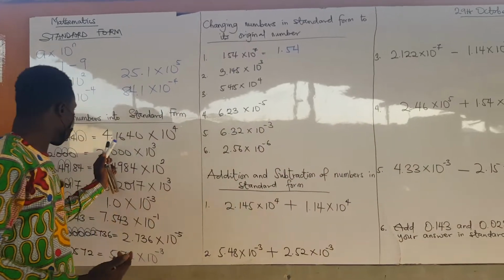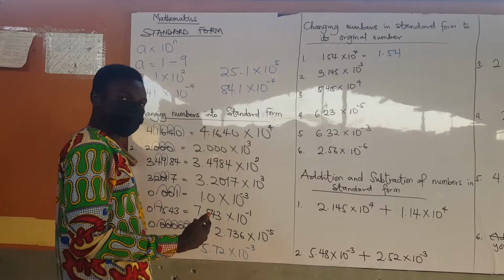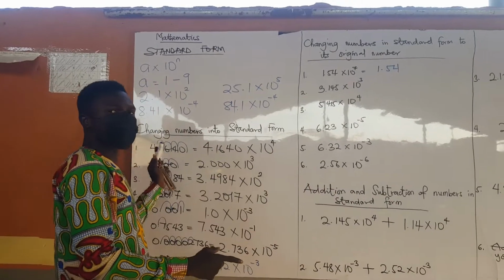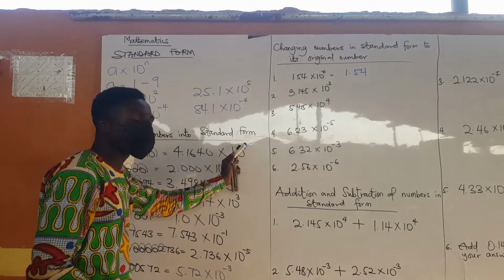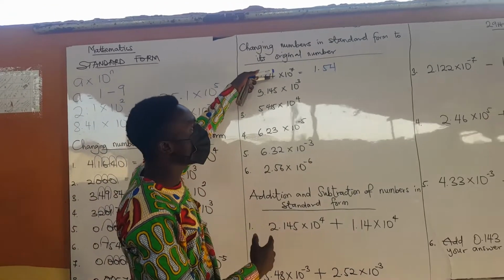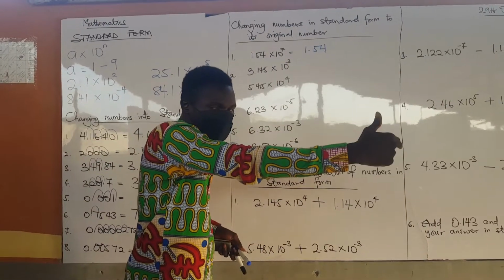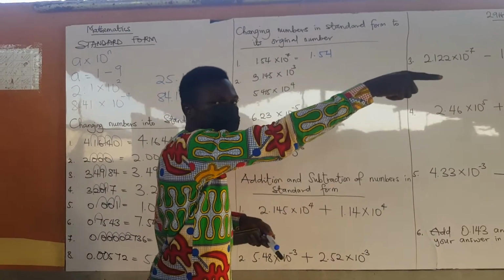By here, you will move to your left if you are changing it into standard form. And if you move to your left, the power is positive. But if it is in standard form and you are changing it into its original number, it becomes the opposite of it.